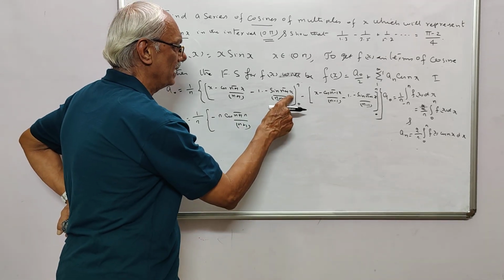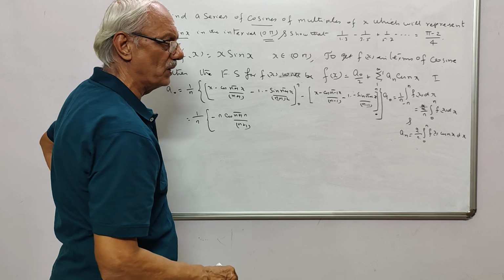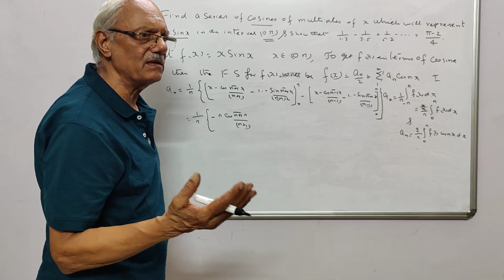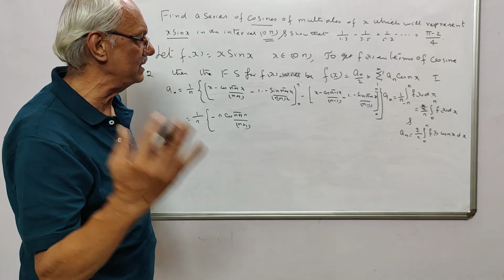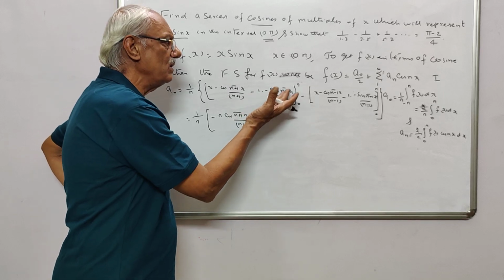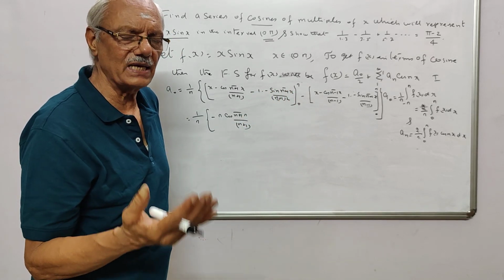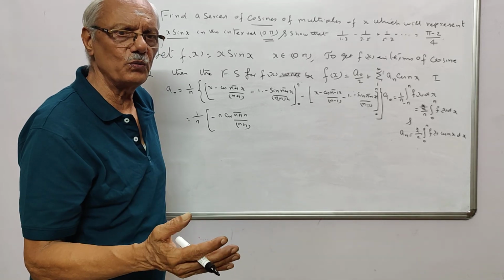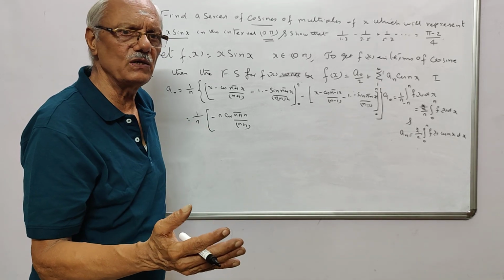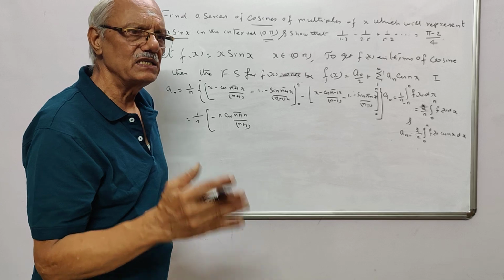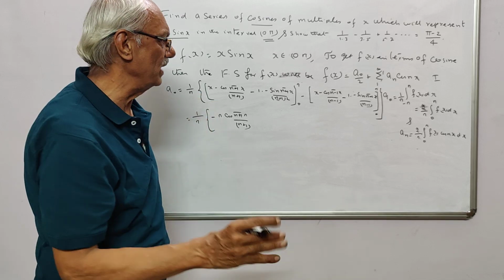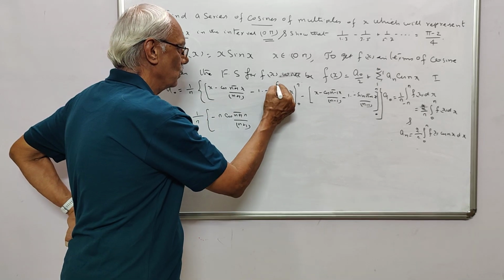Here you put pi in the place of this x. Here n takes the value 1, 2, 3, like that. Whatever value you give, sin pi is 0, sin 2 pi is 0, sin 3 pi is 0, sin n pi is equal to 0 for all values of n. So this will become 0.